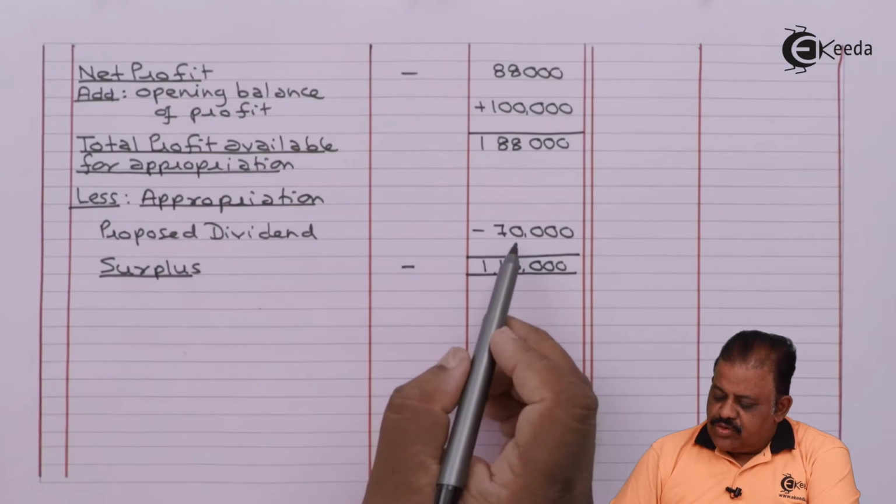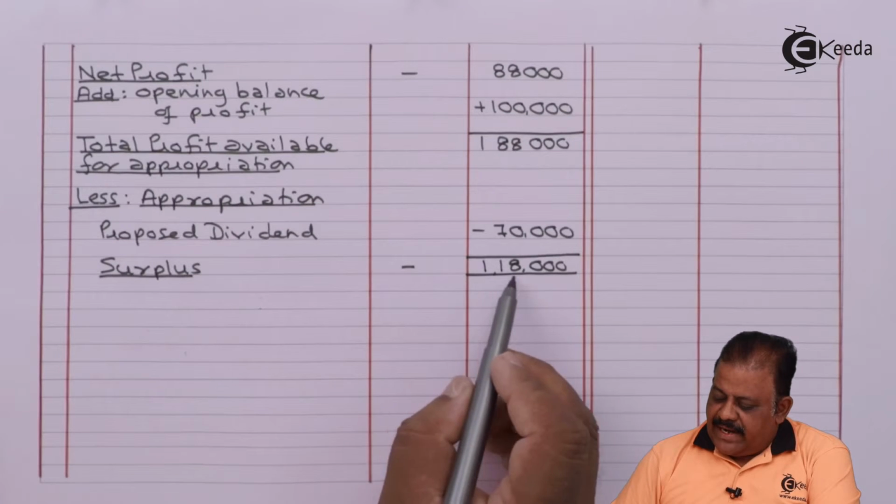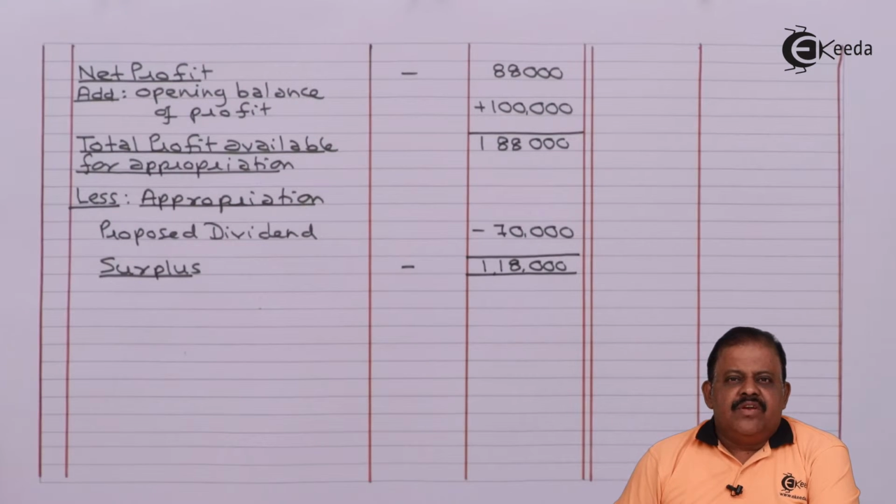After deducting proposed dividend 70,000, surplus profit remains 1,18,000, which will be transferred to balance sheet.